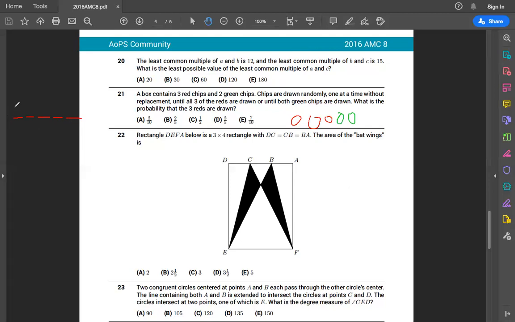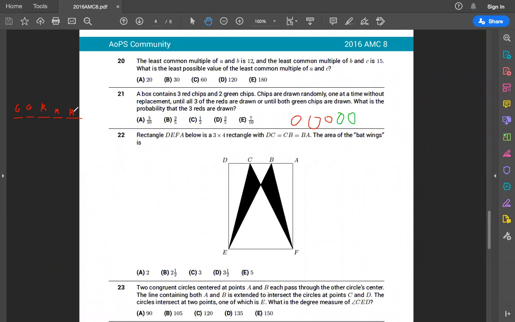But one thing we can notice is that suppose we did draw the 2 greens, which I'll use G, and we didn't actually get to draw the reds, which were coming later. Well, we can still write it all out, but we can see that the last chip would have been red. And think about it, if the last chip is red, that means that all the greens were drawn before that.